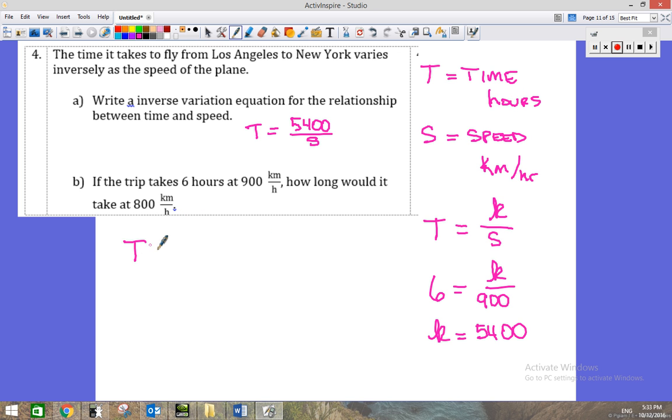So how long will it take if we're flying at a slower speed? Well, if it took 6 hours when you're traveling fast, if you're traveling slower at 800, it's going to take longer.